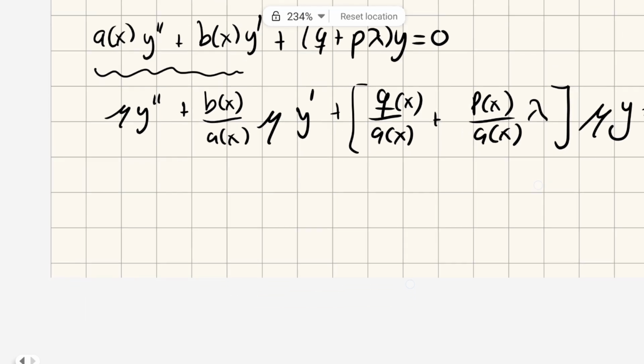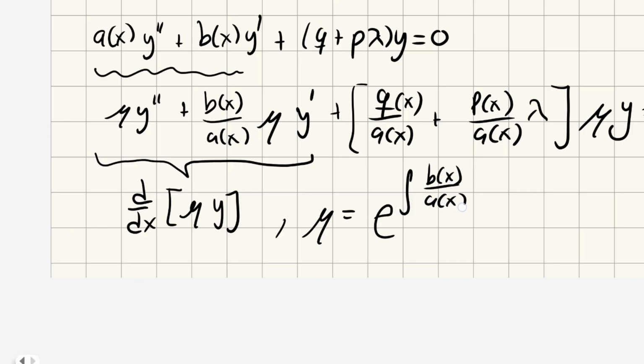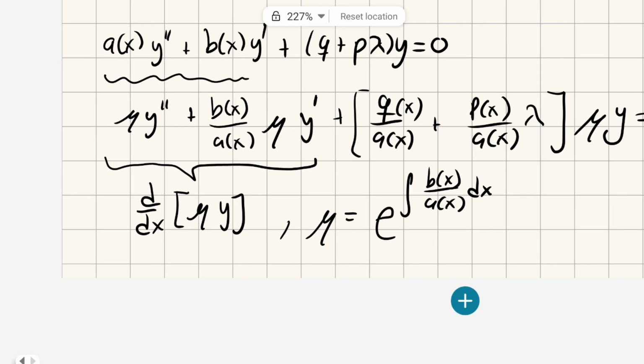So as we saw before, we can express this element that we have here as the derivative with respect to x of mu y, where mu is equal to e to the integral of b of x divided by a of x dx.